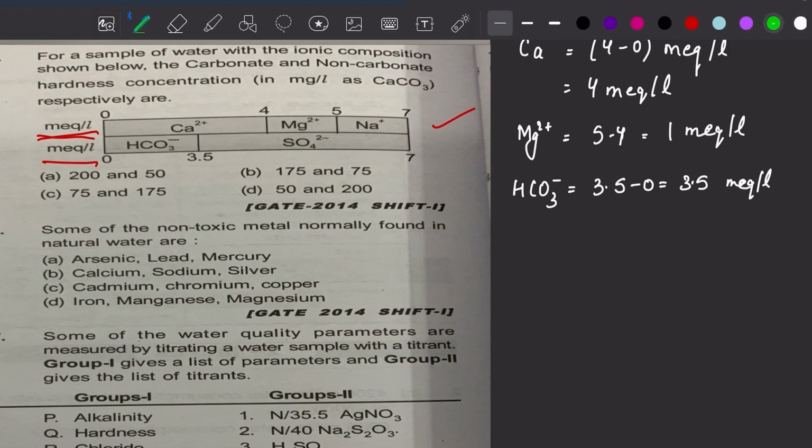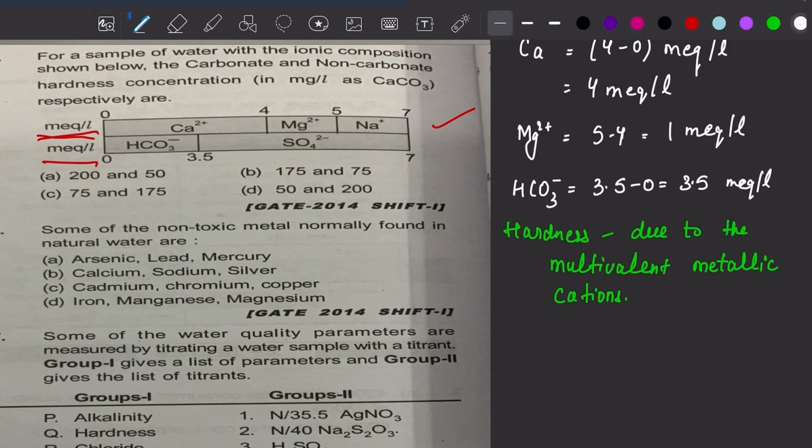What is hardness? Hardness is nothing but it is due to the multivalent metallic cations. So hardness is due to the multivalent metallic ions or cations, to be specific, multivalent metallic cations.